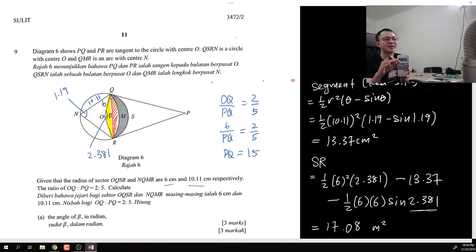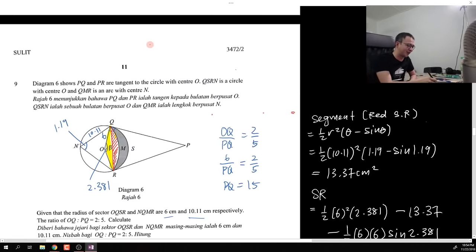You still will get exactly the same result as when you convert it to degree. But if you insist you want to sine with the degree, you can convert it into degree. Both will give you the same answer. If your teacher tells you must do in degree, you can always convert.